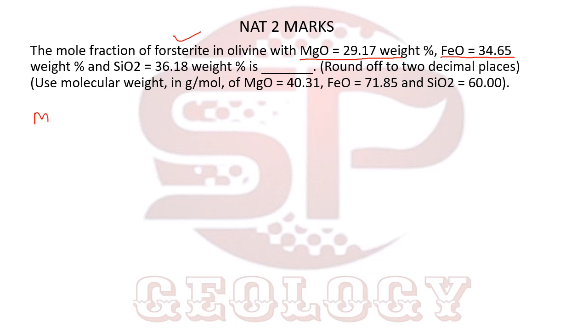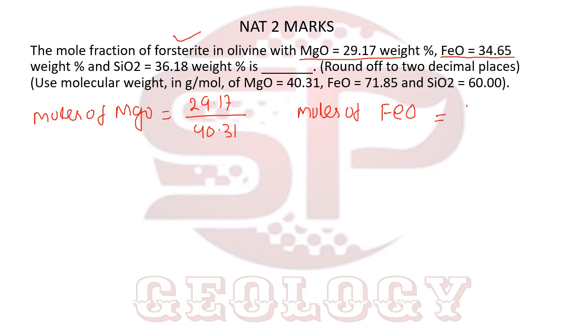First, moles of MgO will be given mass 29.17 divided by molar mass 40.31. Then moles of FeO, given mass 34.65 divided by molar weight 71.85.